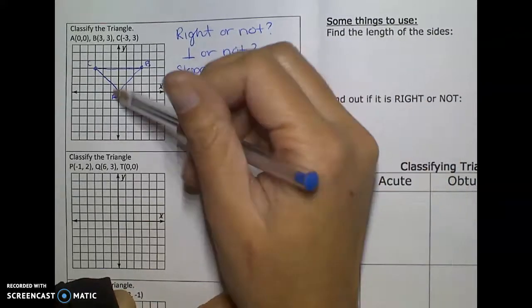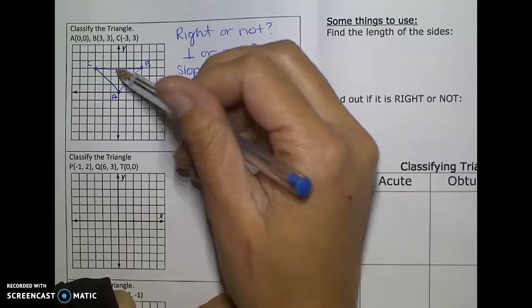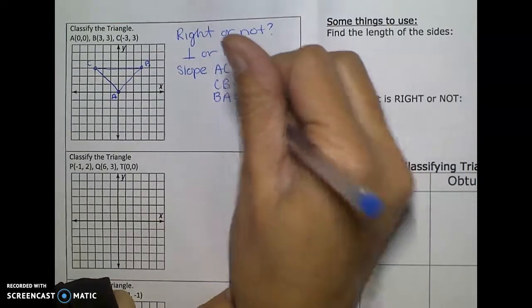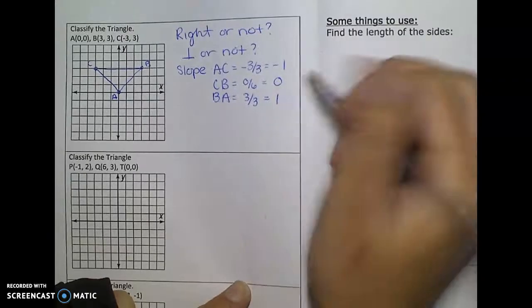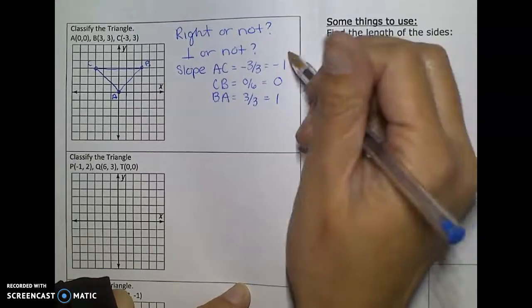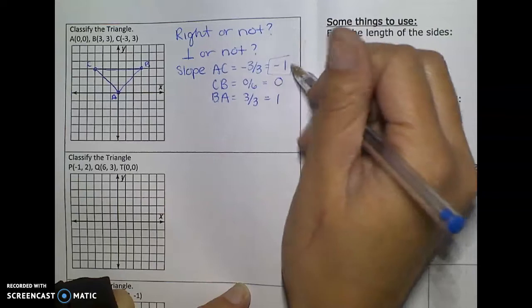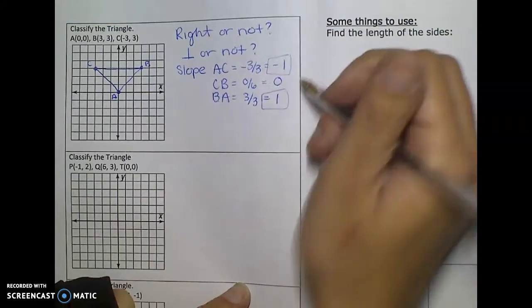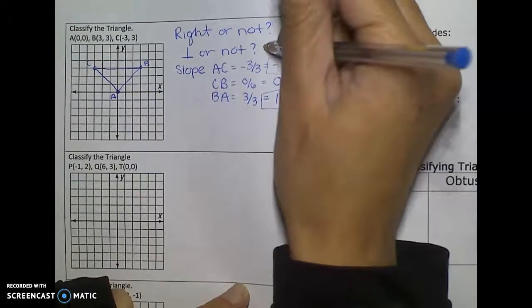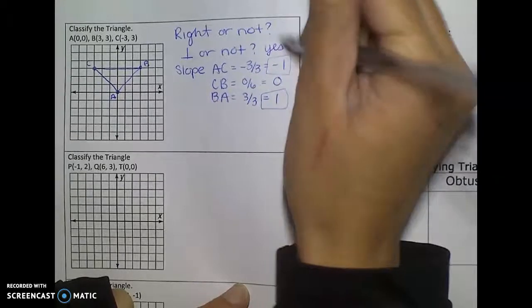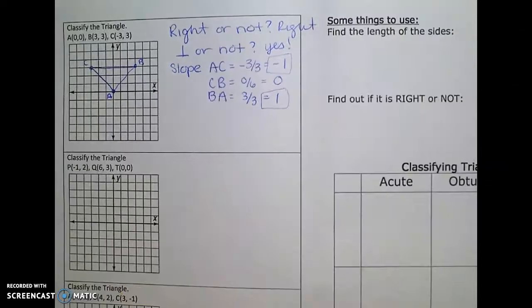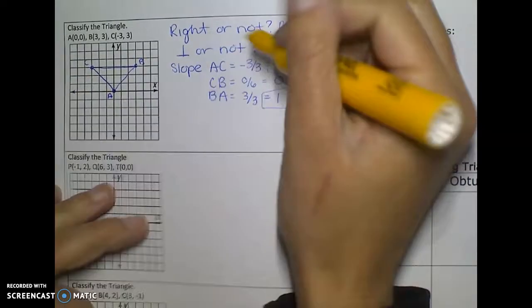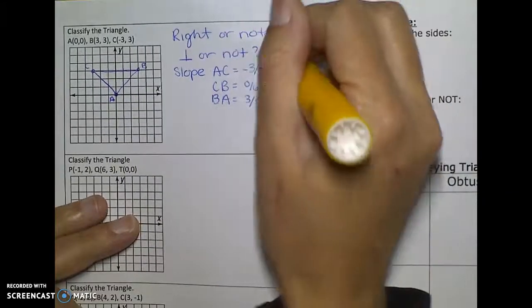The slope of BA is up 3 over positive 3, which is 1. And so if slopes are opposite and reciprocals of each other, then they're perpendicular, and so it is right. So yes, they are. So right it is.